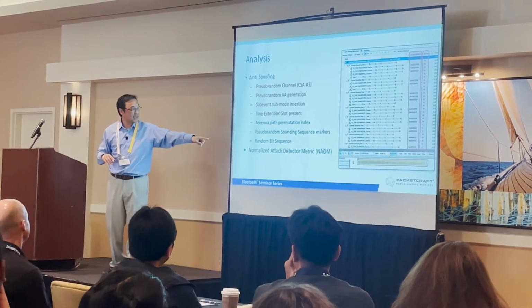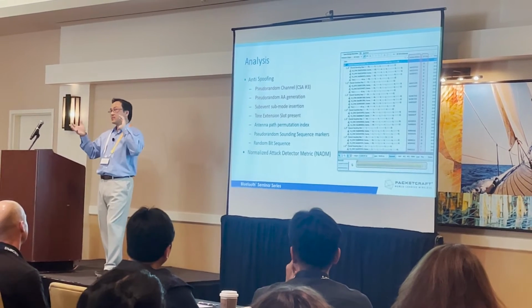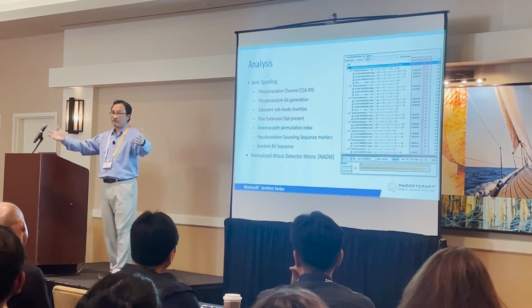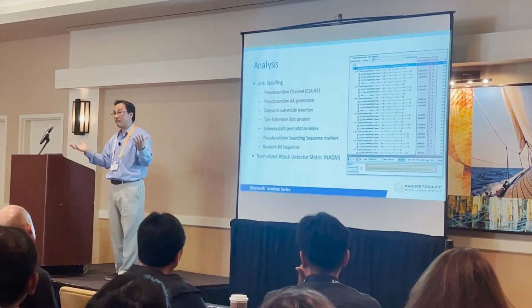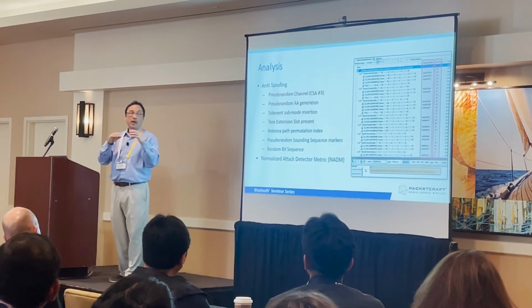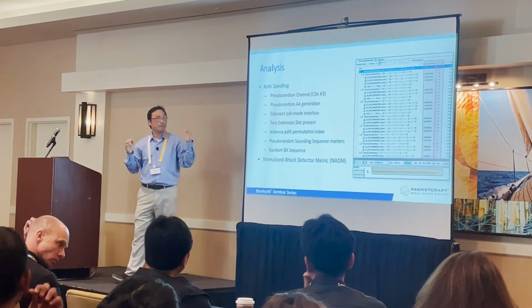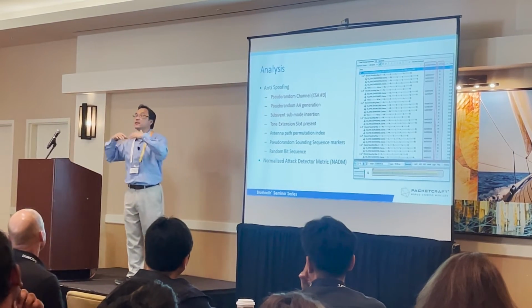NADM, the normalized attack detector metric. Now it's kind of difficult to know: if you're in an RF environment, sometimes the RF environment itself may be inducing noise on the packet, or it could be an attack. So there is configurability in your application.